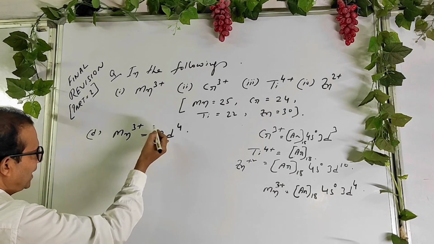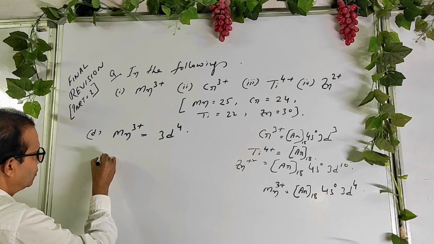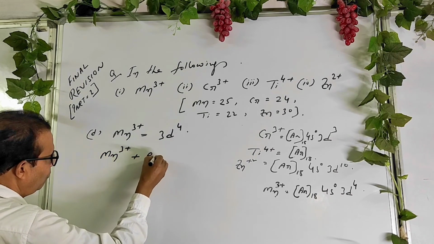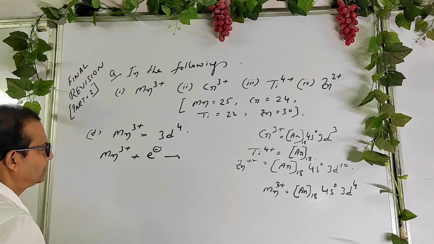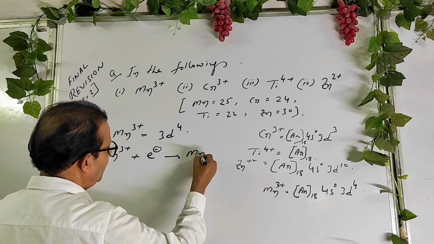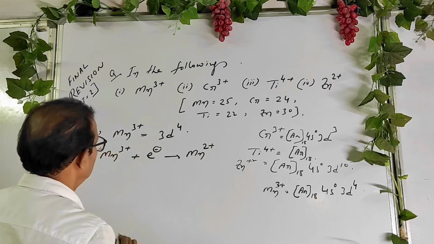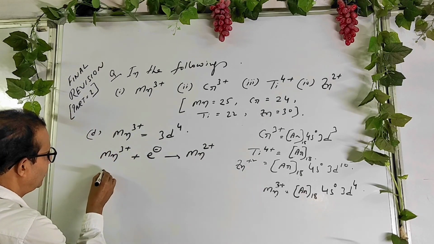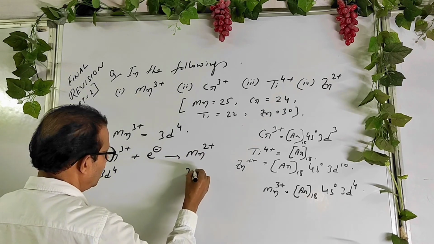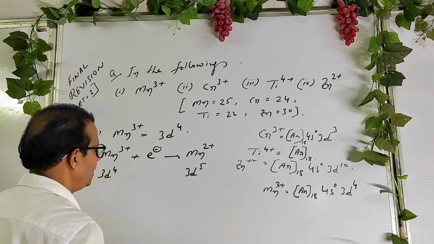If Mn 3 positive can gain 1 electron, it becomes Mn 2 positive. That is, it has configuration 3d4 and after gaining an electron it forms 3d5.